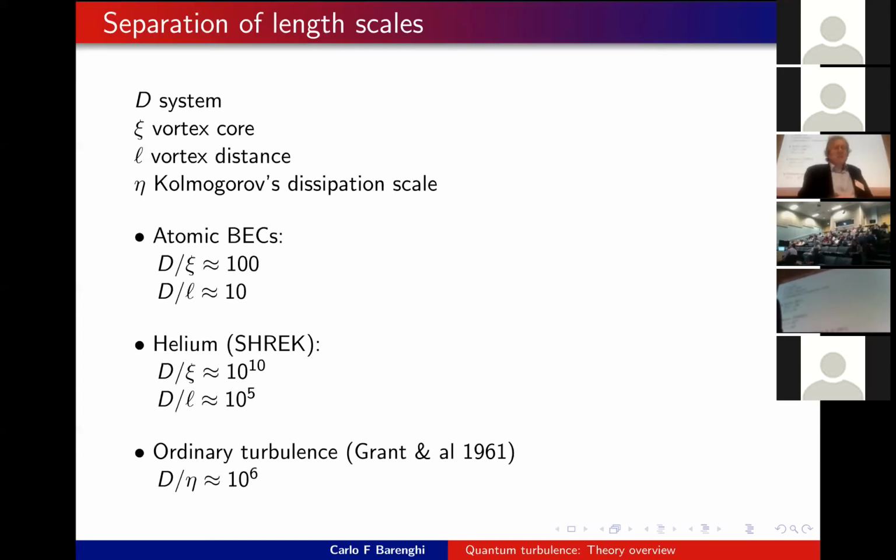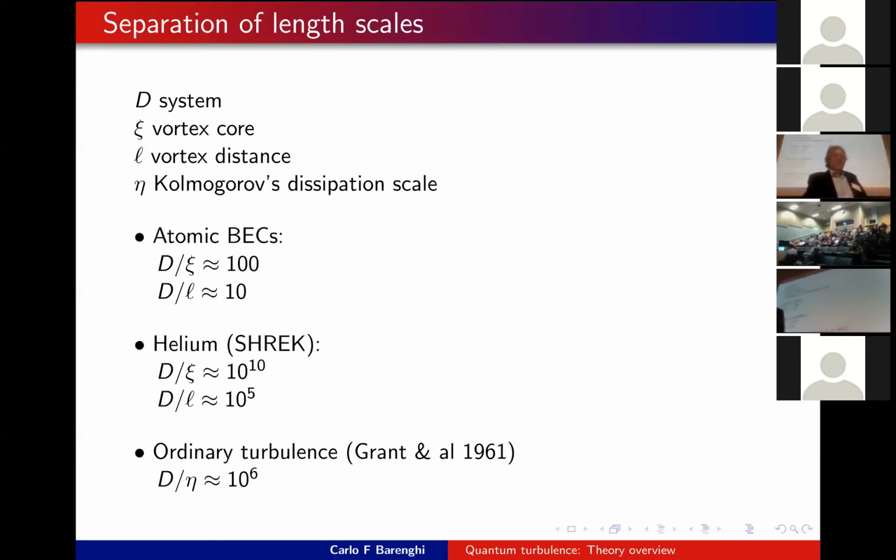Psi is the size of the vortex core, or healing length, if you want. L is the distance between vortices. In most experiments, the system is not much bigger than the distance between vortices. It's difficult to produce very, very large condensates. So the length scales, which are described as micro, meso, and macro, are separated, but not widely separated. Not like in ordinary turbulence.